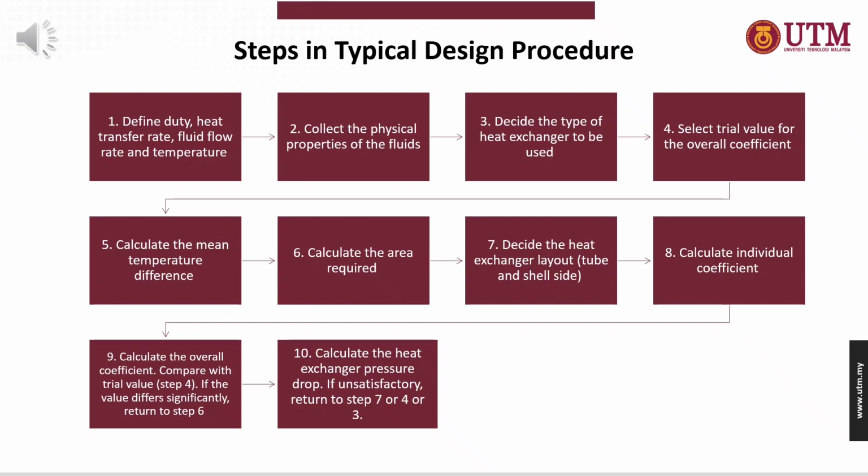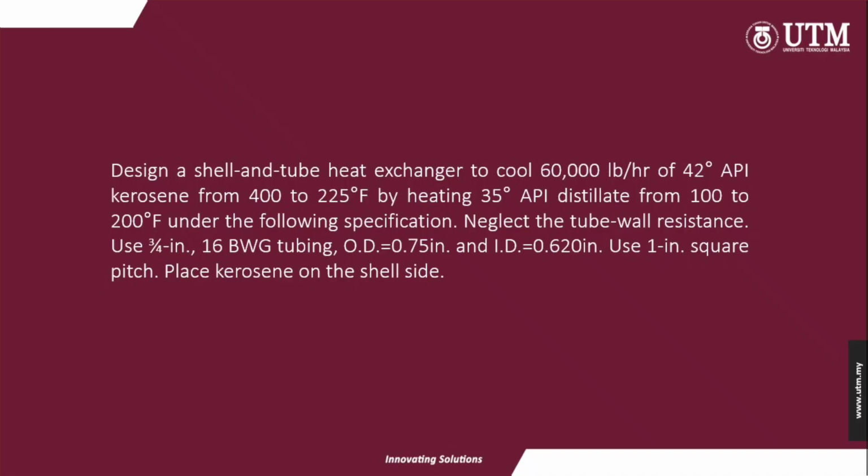Now we try to do one exercise. The question is, design a shell and tube heat exchanger to cool 60,000 pounds per hour of 42 degree API kerosene from 400 to 225 degrees Fahrenheit by heating 35 degree API distillate from 100 to 200 degrees Fahrenheit under the following specification.